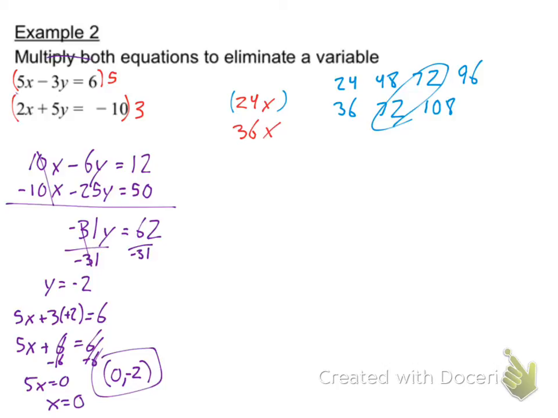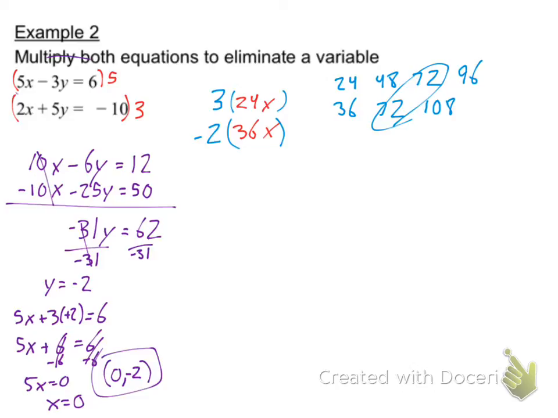How many times did it take before I got to 72 with 24? 1, 2, 3. 3 times 24 is 72. 36 times negative 2 will give me a negative 72.